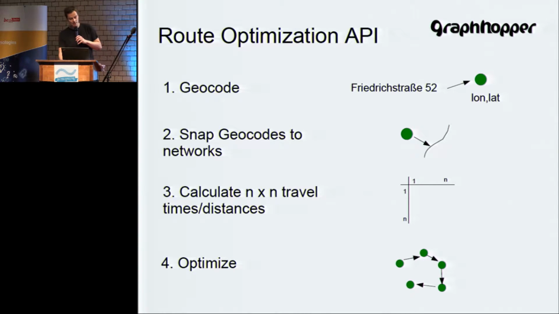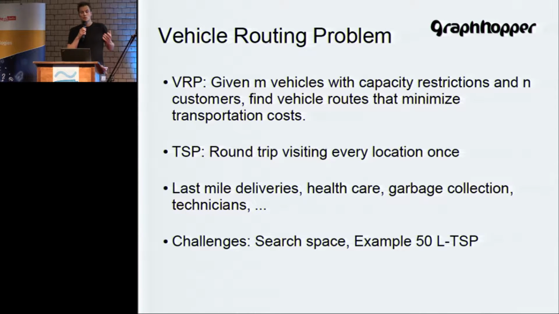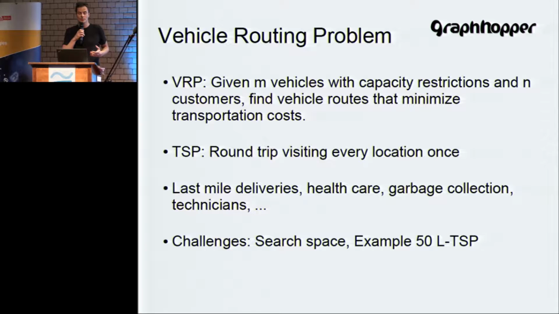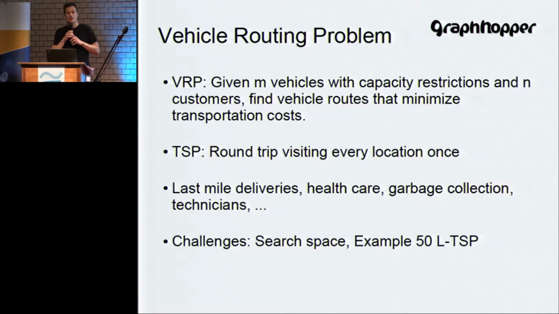And the problems we solve with the optimization API are usually called vehicle routing problems. And I just put a very simple definition of the classical vehicle routing problem here. Given M vehicles with capacity restrictions and customers, find vehicle routes that serve each customer such that the overall transportation costs are minimized.